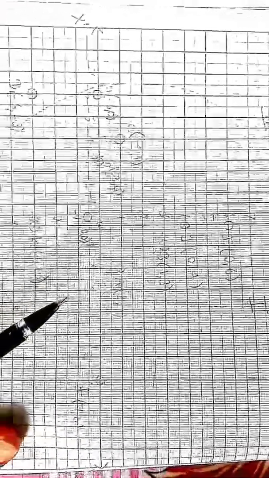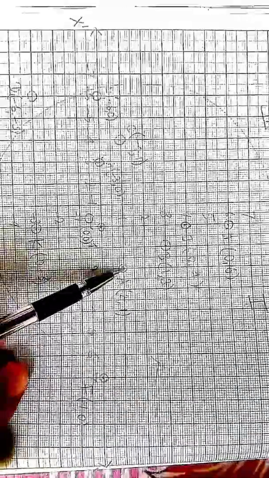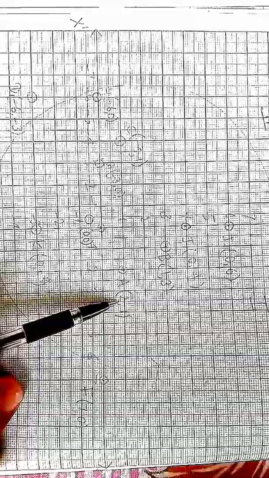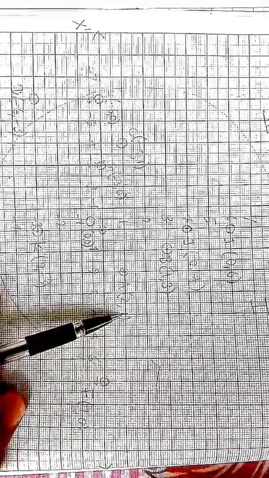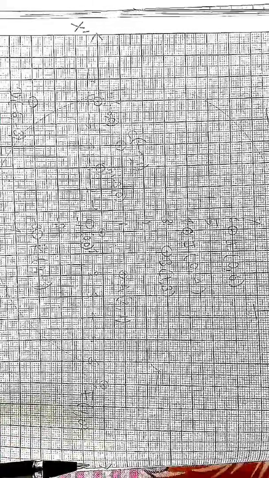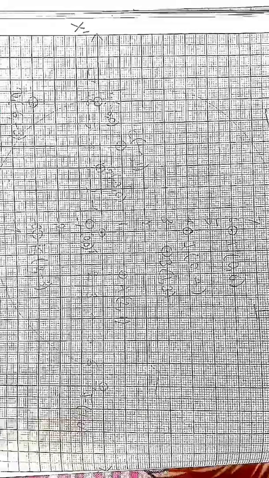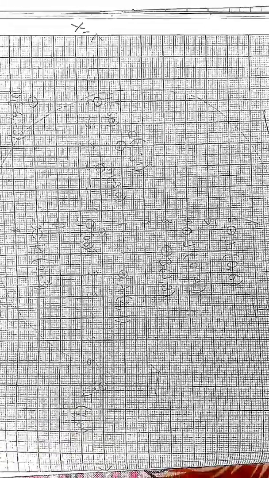It is also called coordinate plane because for plotting a point we use the terms x coordinate and y coordinate. It is also called Cartesian plane in honor of its inventor René Descartes.